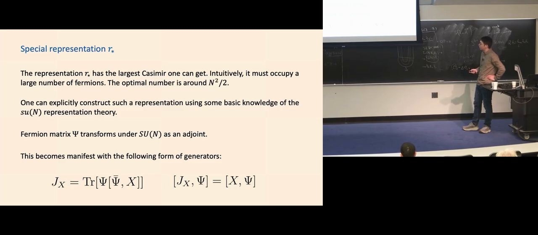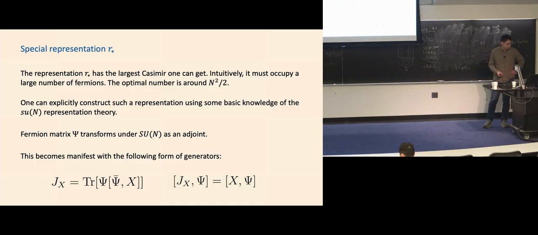Consider a generator J_X that is a trace of a fermion bilinear with an additional c-number matrix X inserted. If you compute the commutation relation of J_X with the fermion operator, it is simply given by the c-number matrix commutator of the matrix X and the fermion matrix psi. So in this way of organizing the generators, it's manifest that psi transforms like an adjoint, like a matrix.